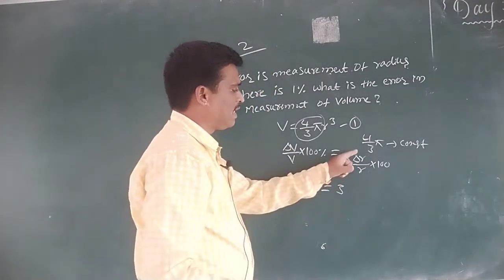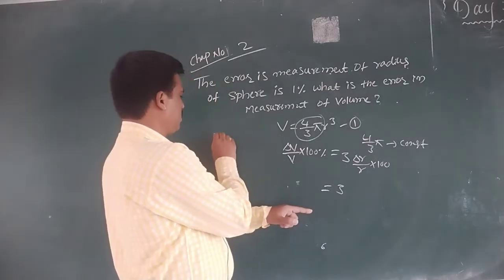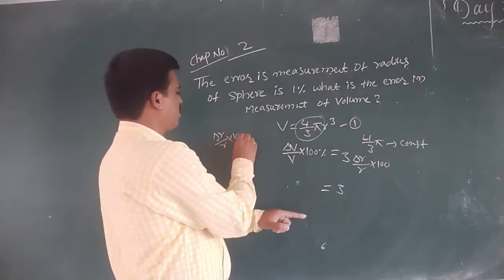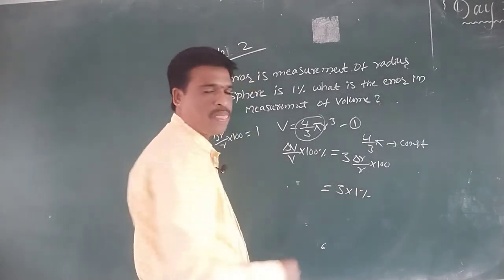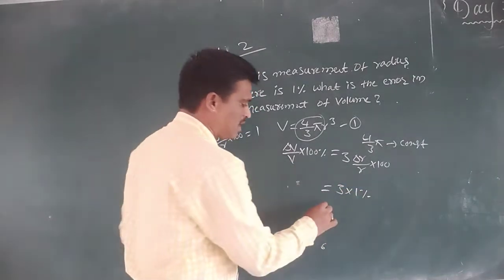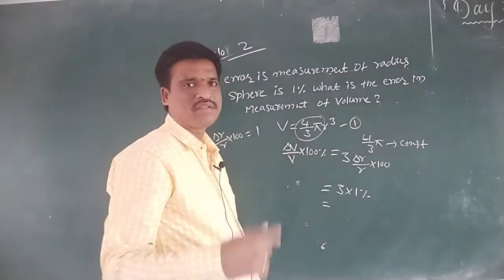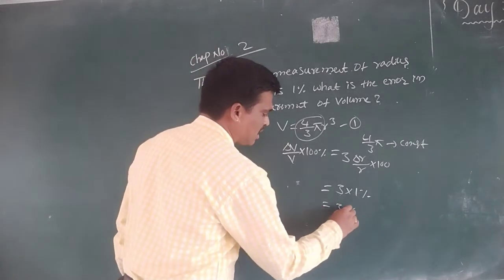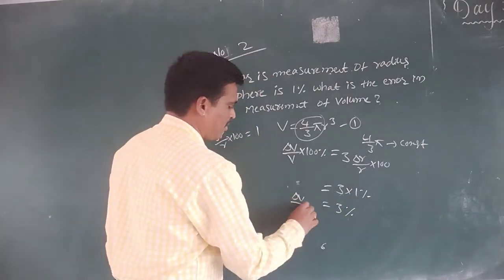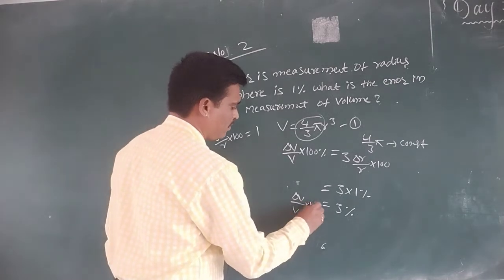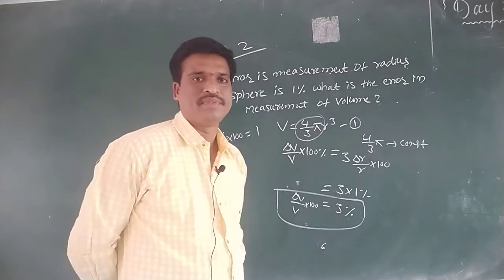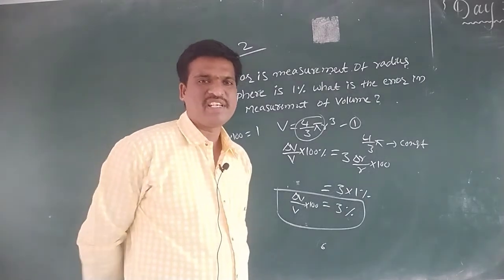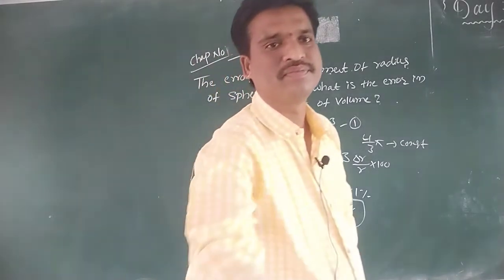Delta r by r into 100 is 1%, so finally we get 3 into 1, which is 3%. This is the delta V by V into 100. This is an important problem for how many marks? 2 marks.